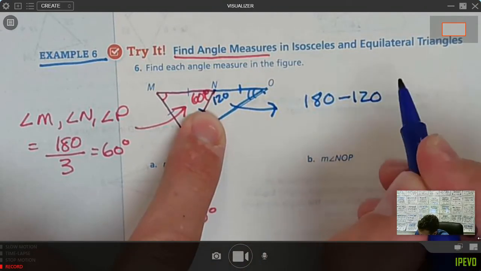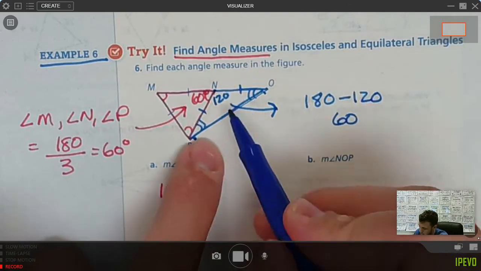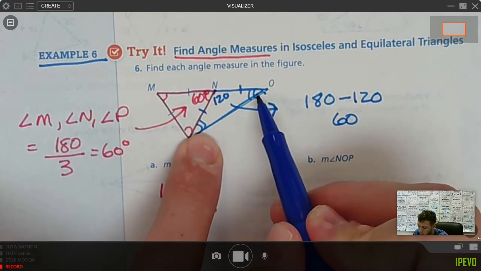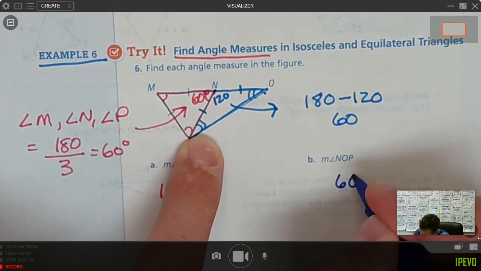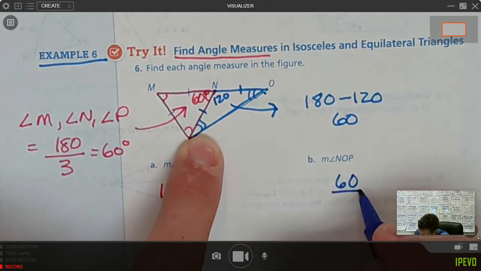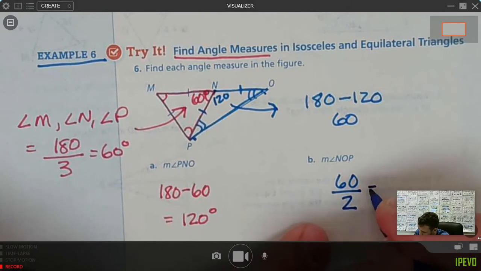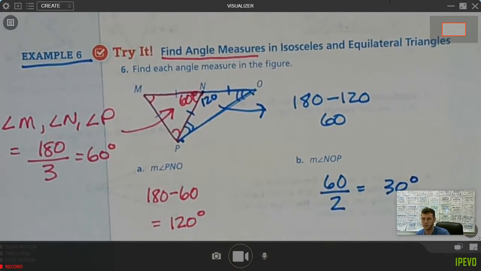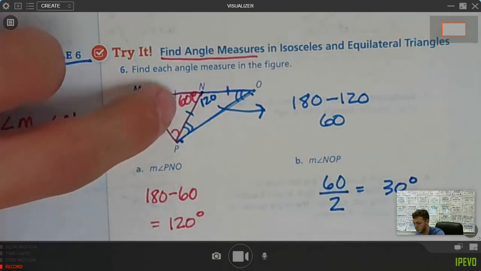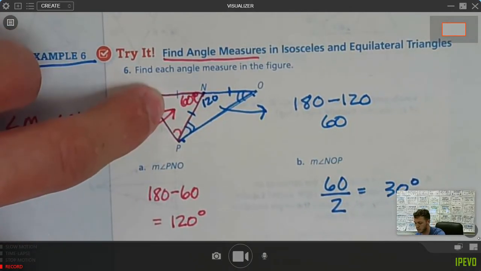These 2 angles right here combined have to equal 60. But because they are congruent, we can take 60 divided by 2, and we know that they are both 30 degrees. So all of this comes from knowing that equilateral triangles are 60, a straight line is 180, and then we can piece it together from there.